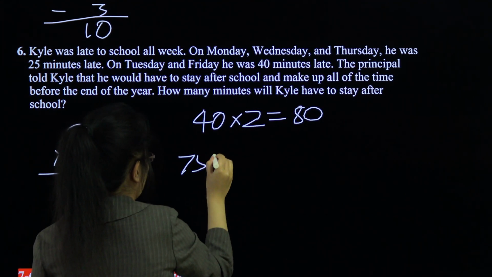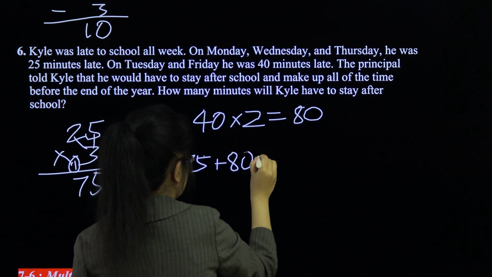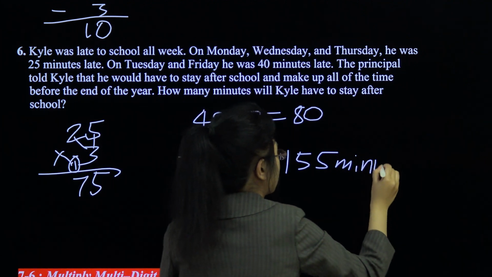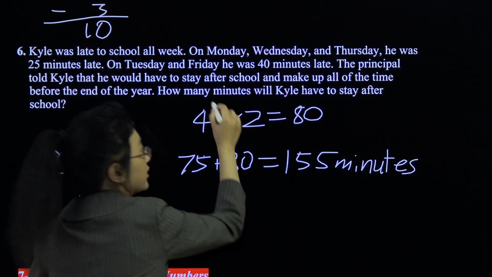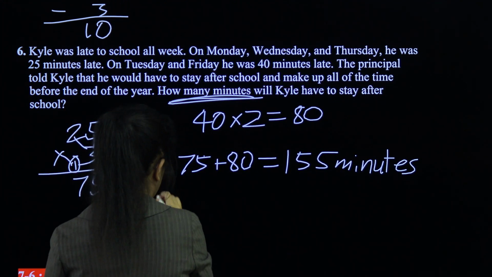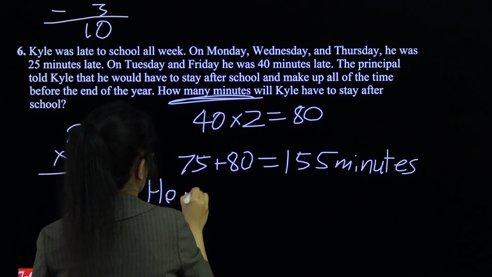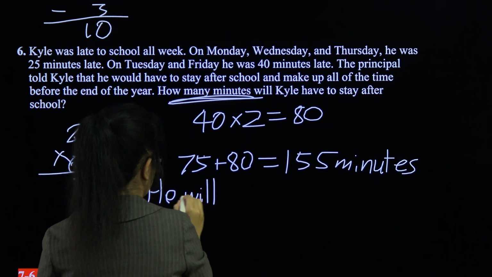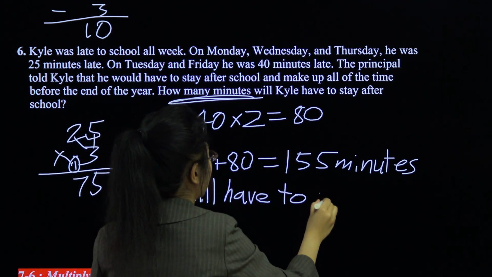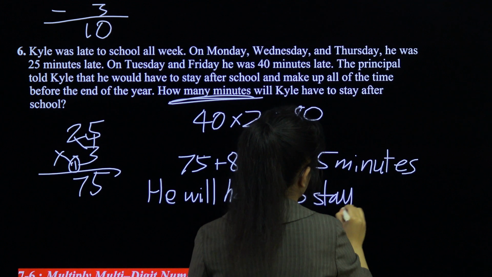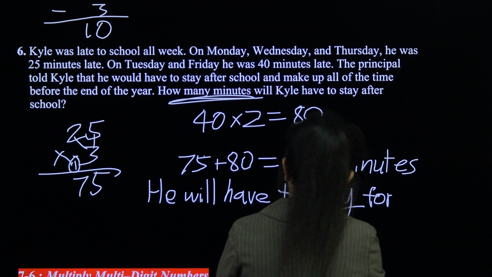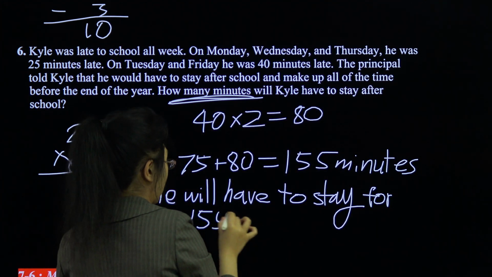And then that'd be 75 plus 80, which is equal to 155 minutes. Do not convert this into hours, because guess what? The question asks you for minutes. Just don't convert it into hours. He will have to stay for 155 minutes.